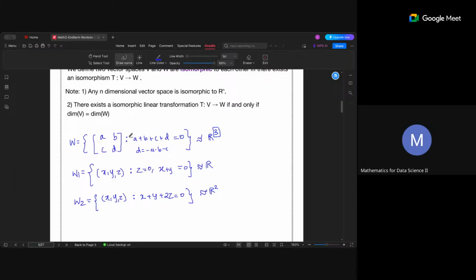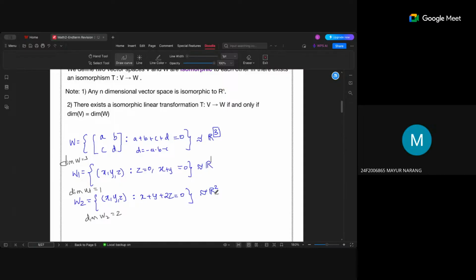Here the dimension of W is 3 and hence isomorphic to R3. Here the dimension of W1 is 1 and hence isomorphic to R1. And here the dimension of W2 is equal to 2 and hence isomorphic to R2. If you have seen the previous session, you would have understood this already.